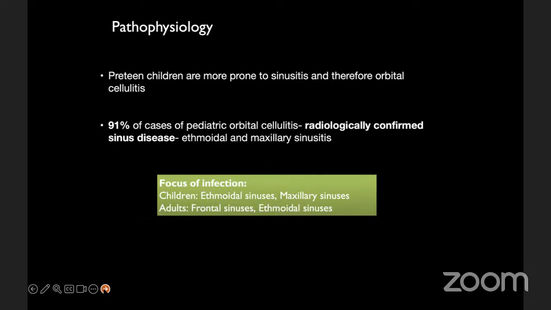And in 91% of the cases of pediatric orbital cellulitis, it is known to be from ethmoidal and maxillary sinusitis, as I explained. So the focus of infection, to briefly summarize, in children is most commonly the ethmoid sinus followed by maxillary, because these are the ones that are pneumatized first. And in adults, it is the frontal sinus followed by the ethmoidal sinus.